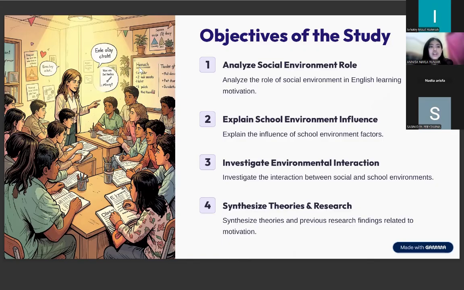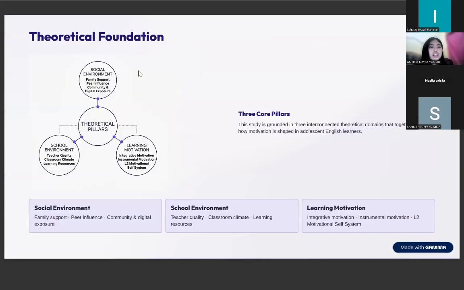Okay, so this is my theoretical foundation. The first one is social environment. In social environment, we have family support, peer influence, community, and also digital exposure. These are the theoretical pillars. The second is school environment.